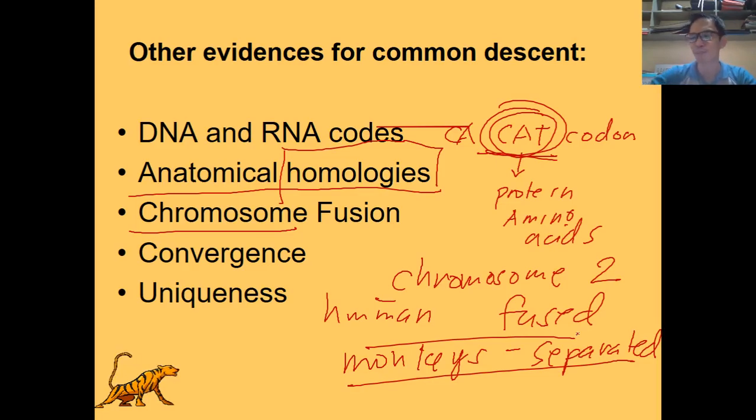Alright, so next one, convergence. There are some evidences of common descent through convergence in some organisms. Although organisms live in different environments and tend to have differences in terms of body, the DNA structure and everything are similar.